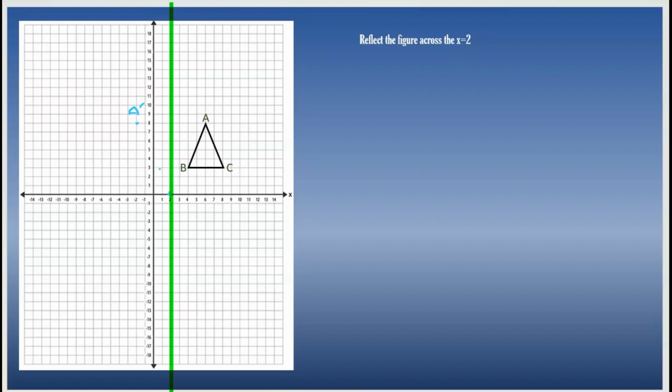So B prime is going to be 2 spaces to the left away from the line. And this is B prime. C prime is 6 spaces away from the line to the right, so C prime is going to be 6 spaces to the left.